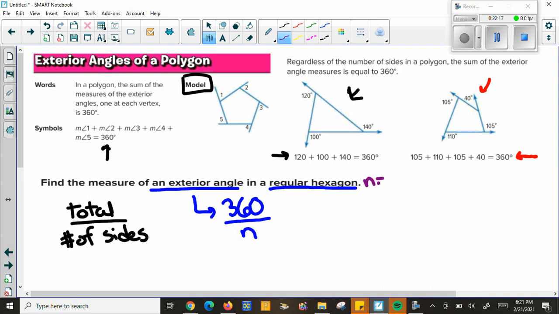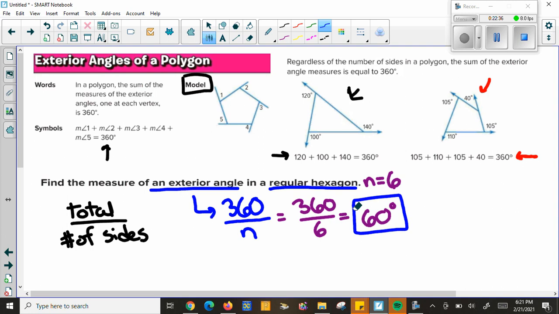For a hexagon, n equals 6. So we must find what is 360 divided by 6. And I find an answer of 60 degrees.